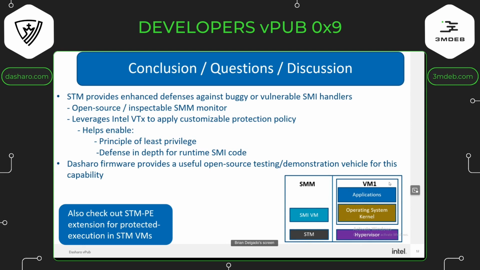So for TXT platforms, the SINIT module will create the initial memory pages for the STM, so that it can bootstrap the STM and have those memory pages ready to go as we jump into it. That's something that the SINIT module does.